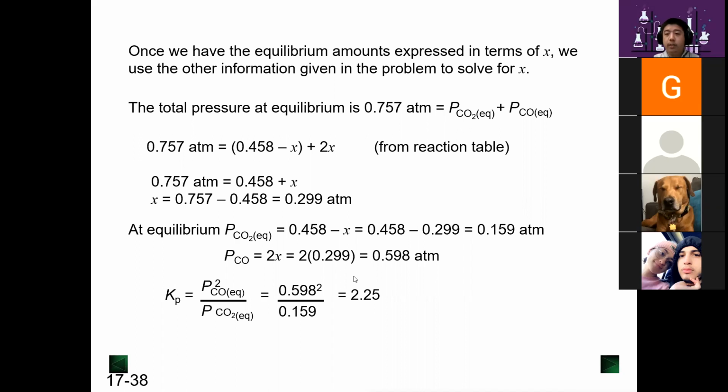Okay, does anyone else still need more time? No, 0.757 is just what they provided. That is our total pressure at equilibrium for this particular reaction.